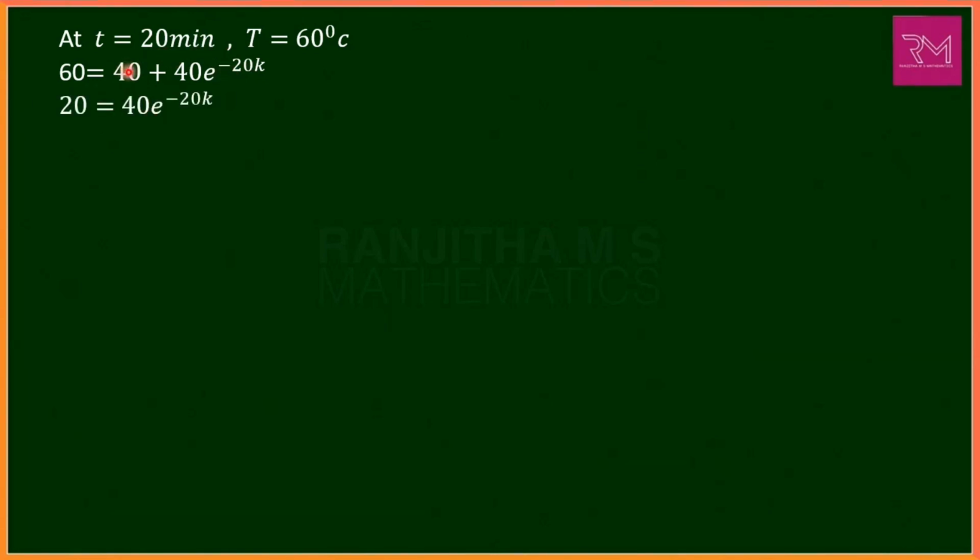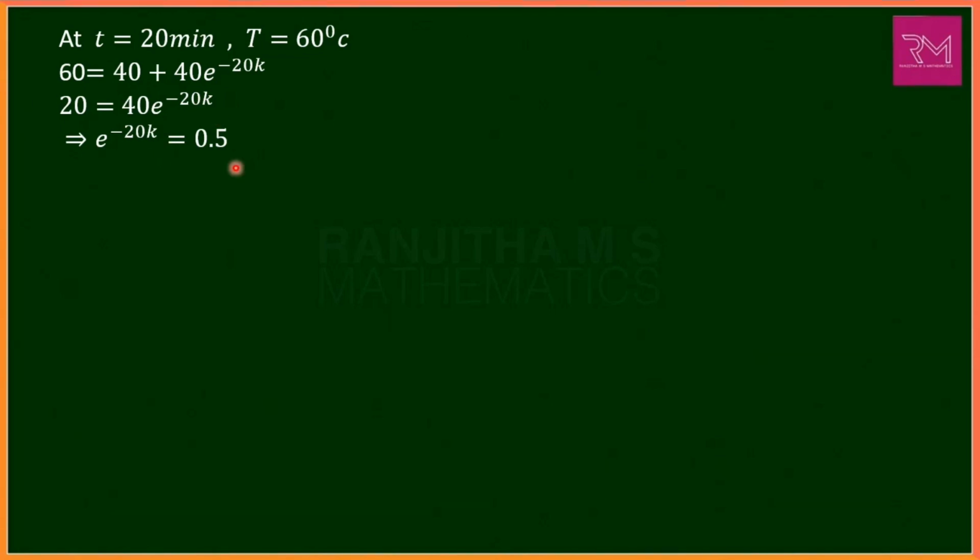Next step, take this 40 to the left hand side, 60 minus 40 is 20, which is equal to 40 into exponential power minus 20K. Take this 40 to the left hand side, that becomes 20 divided by 40, which is 0.5. That is our exponential power minus 20K value.